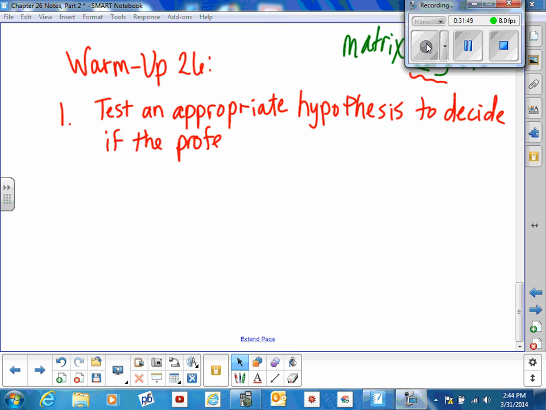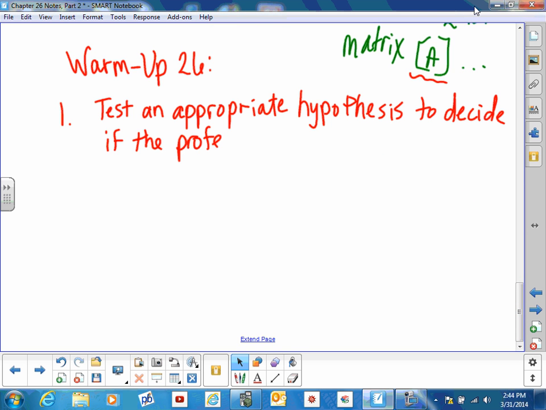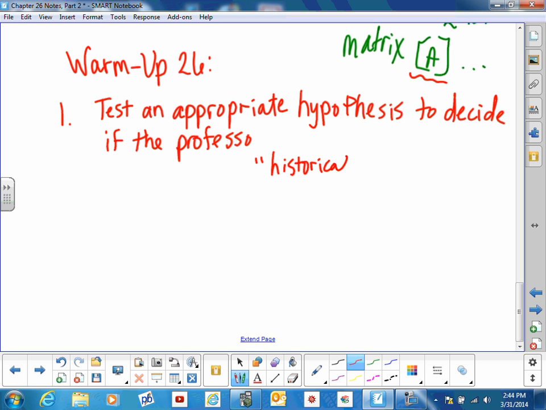So on the front side, we are talking about testing appropriate hypotheses to decide if the professor's most recent grade distribution matches the historical. So this historical grade distribution is basically the claim.